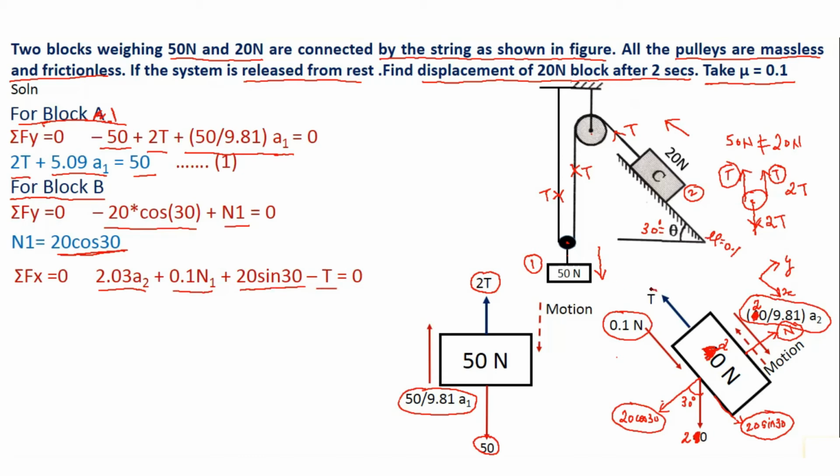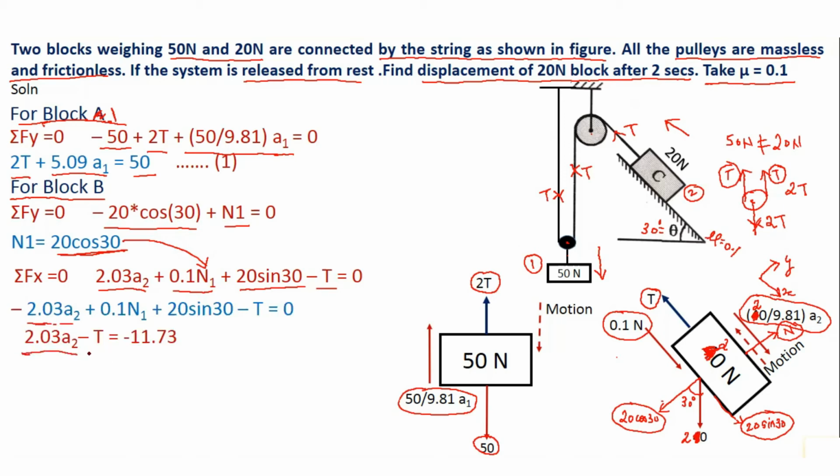Yes, there is also one force t which is going left side, so it will be minus t. In this equation, I already know the value of n1, that is 20 cos 30. So I will substitute it here, and I will get one equation as minus 2.03 A2 minus t is equal to 11.73. Now let this be equation number 2.